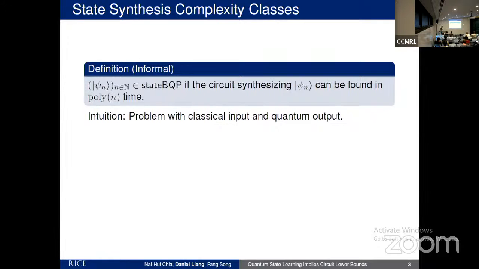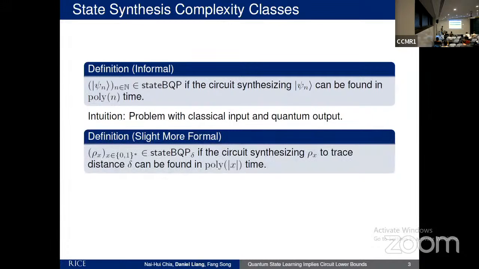And you can think of state BQP as a characterization of problems with classical inputs and quantum outputs. So we have the same kind of bit string input, or you can generalize this to bit string inputs, and we have some quantum state as our output. So a new kind of problem that is not characterized by normal classical complexity theory.